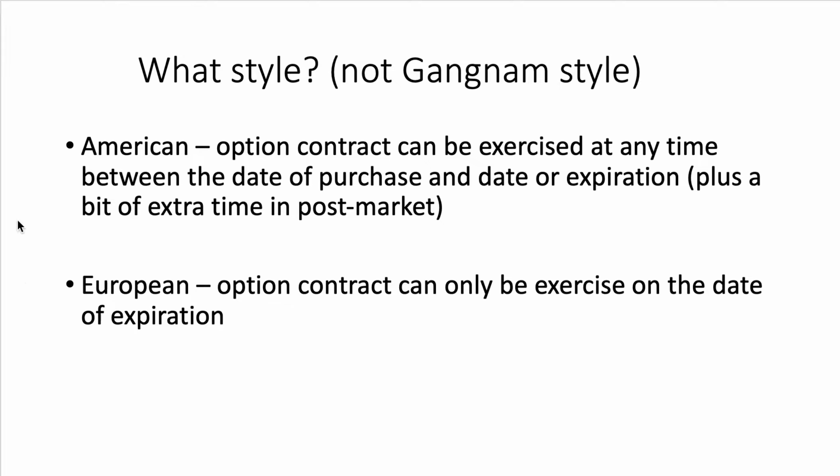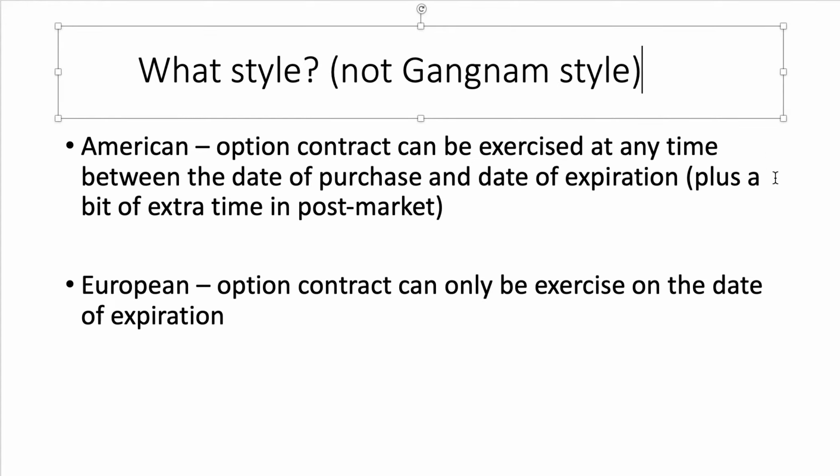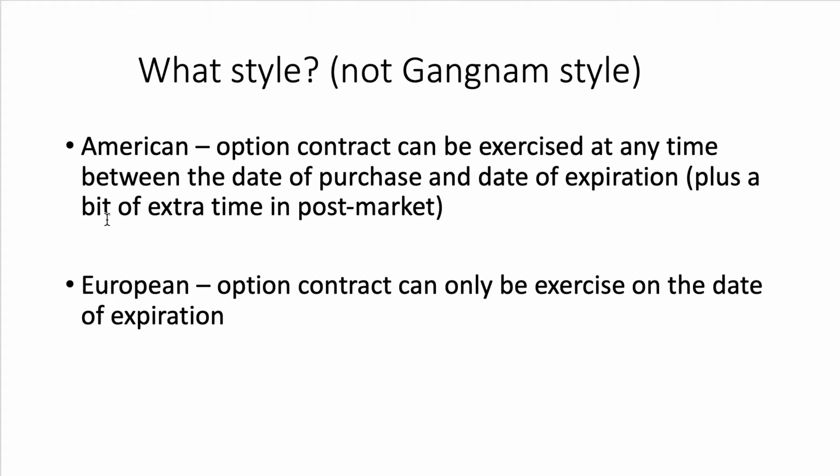So let's crack on. So what style of options? There's the American style and the European style. The American style option contract can be exercised at any time between the date of purchase and the date of expiration. And usually there's a tiny bit of time after the market closes.